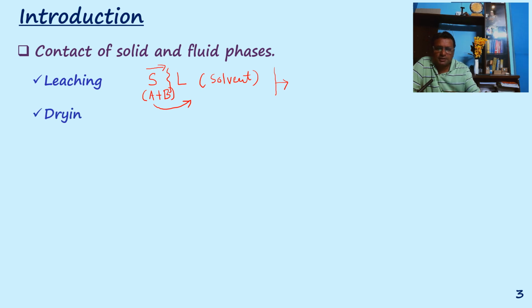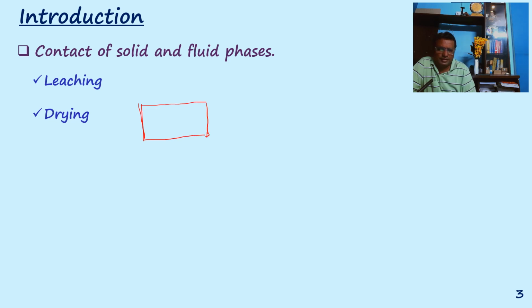Another example where solid and fluid phases come in contact with each other is drying. Here we especially mean drying of wet solids. Let us say that you have this wet solid where you have moisture content within it.